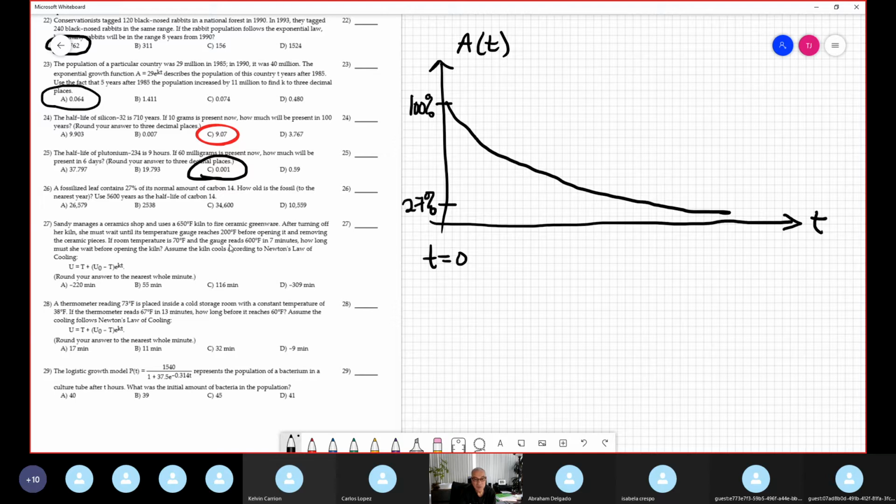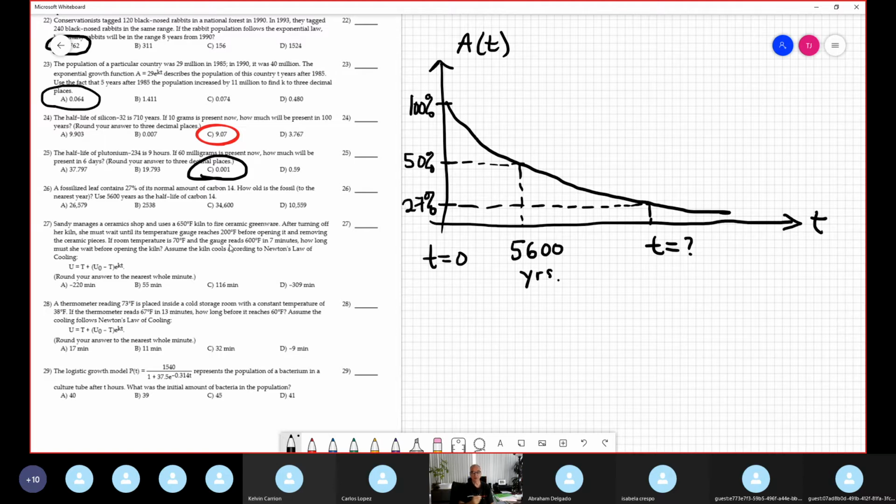And I suppose our goal is to investigate what this time is. Let me read the problem again. See how old the fossil is. Okay, assume that 5600 years is the half-life. So half-life is 50%, corresponding with this time, which is 5600 years.